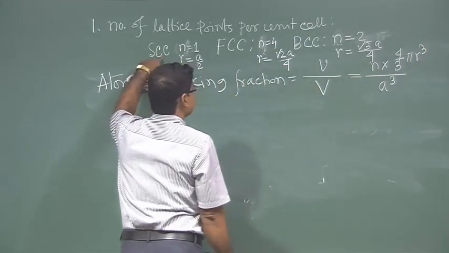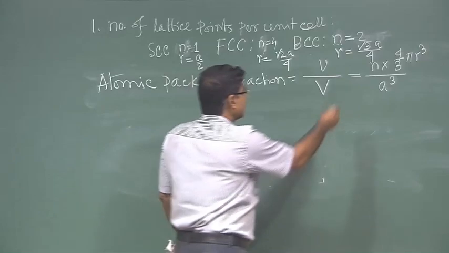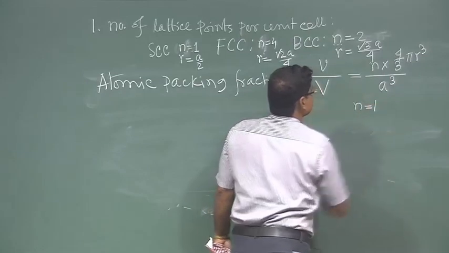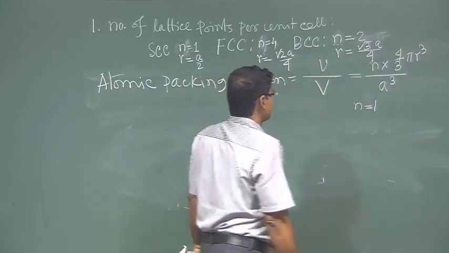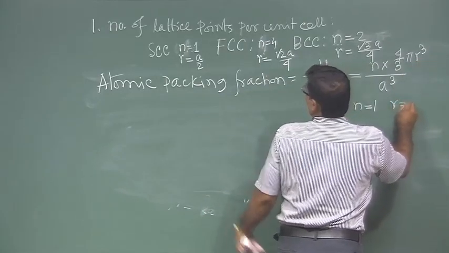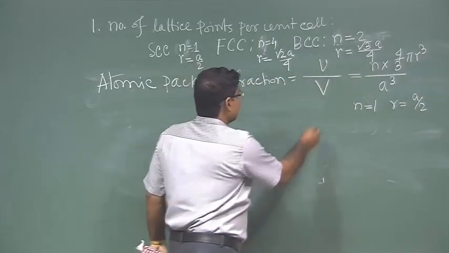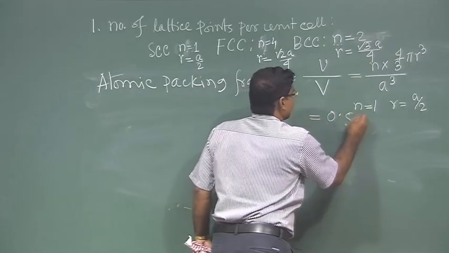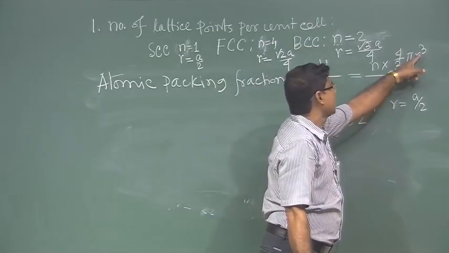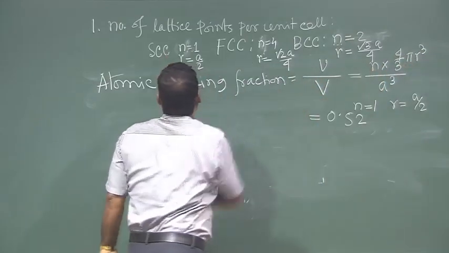So, now for SC you can calculate the packing fraction, taking n equal to 1 and putting the radius r equal to a by 2, and you will find it is 0.52, because a cube, you will have pi and n equal to 1. So, this is for SC.